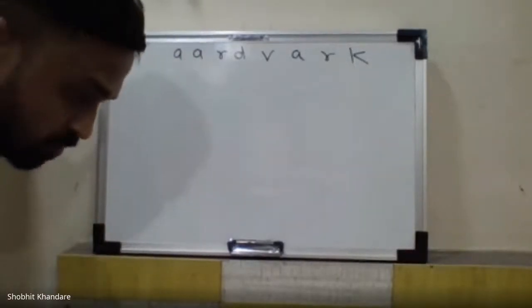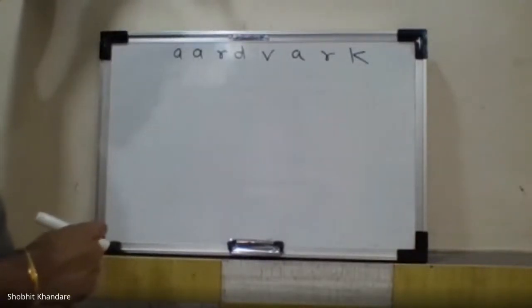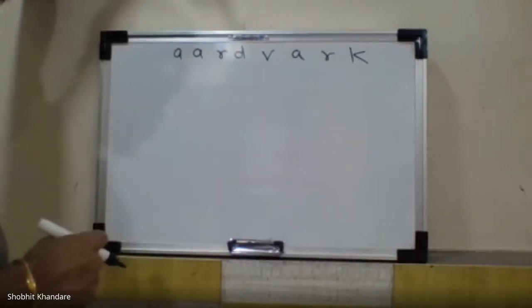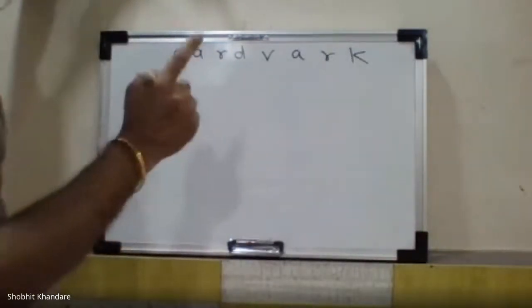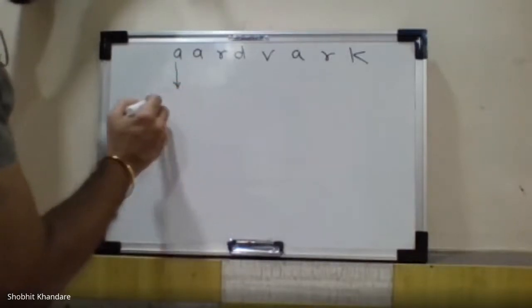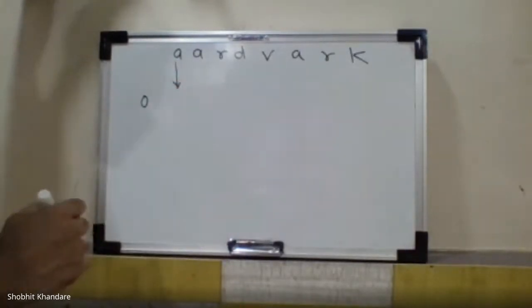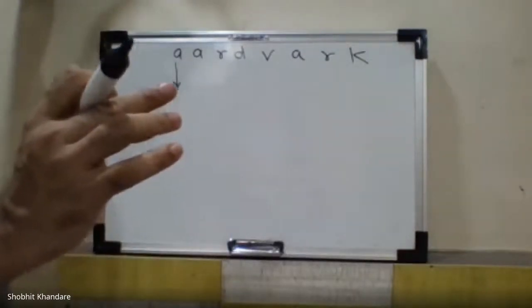So as per the second step, if the symbol has come for the first time, then send the code for NYT followed by the fixed code. As far as NYT is concerned, the first NYT is taken as 0. So for this A, the NYT will be taken as 0, followed by the fixed code. Now we'll go for the fixed code.